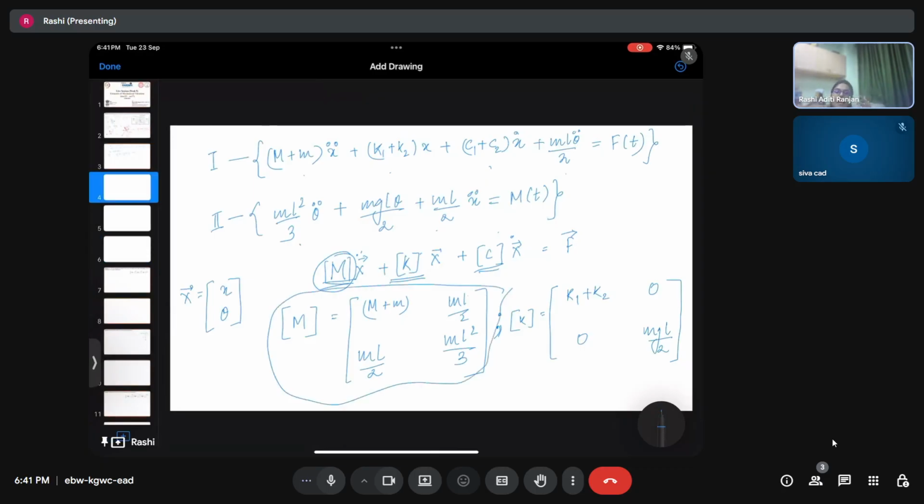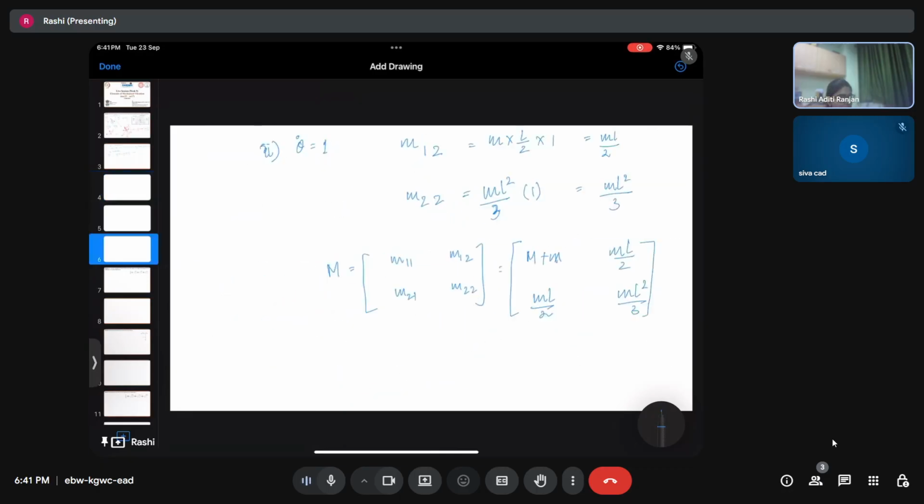So I didn't have to get into finding out the equations, doing the force balance, and then finding out the equation of motion, then arranging it in this form, and then finding out what is matrix M, K, C like that. But over here, we just used the concept of inertia influence parameters, and then we found out the matrix M. Okay, I hope this was clear.